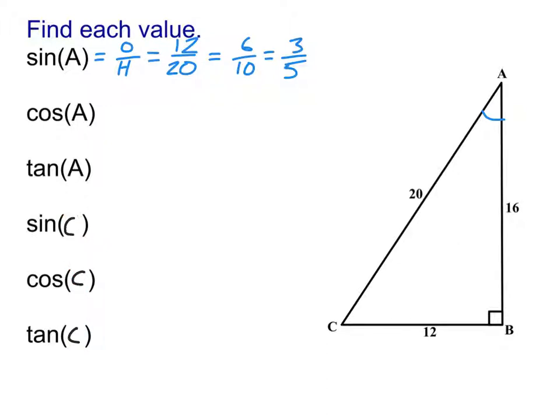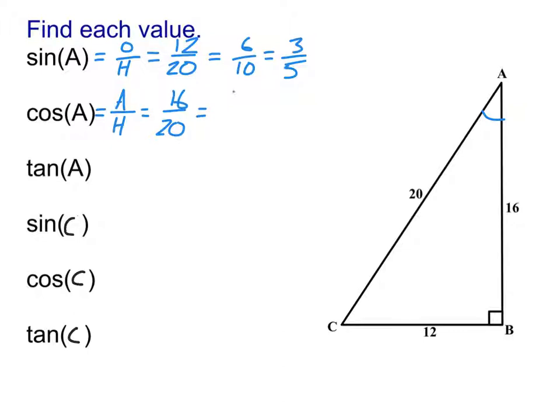So for the next one then, if I'm going to do cosine, our definition from our notes is adjacent over hypotenuse. And so if I'm going to go ahead and fill this in, then the adjacent side length to A, that's the 16. So I do 16 over the hypotenuse, and the hypotenuse hasn't changed. Hypotenuse is still 20. And I reduce that. Notice top and bottom still divisible by 4.